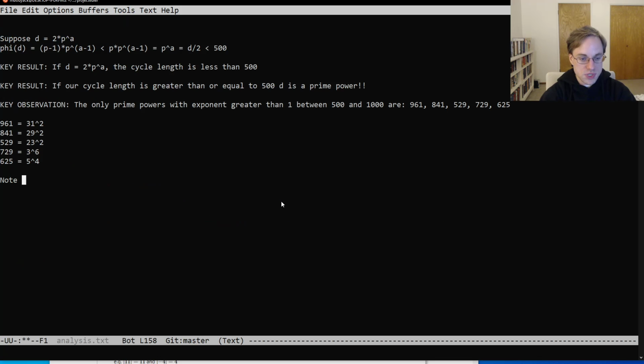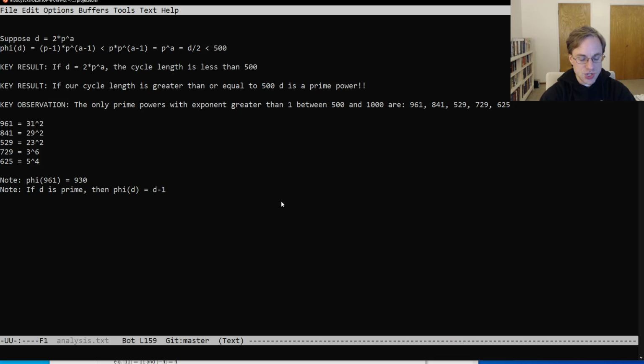And we'll just say, note phi of 961 is equal to 930. We'll also note, this could be a key result, but it's pretty easy to calculate: if D is prime, then phi of D equals D minus 1.